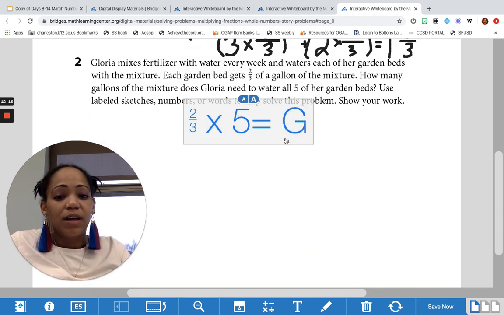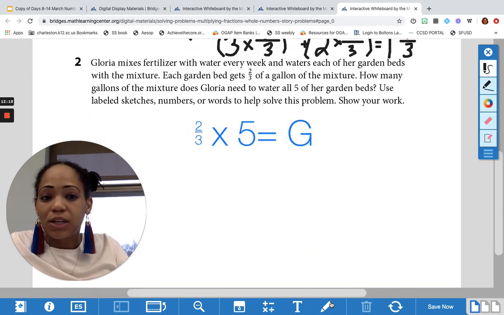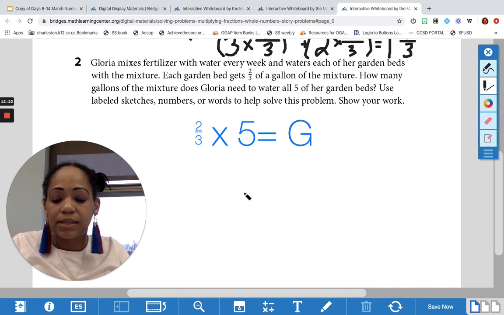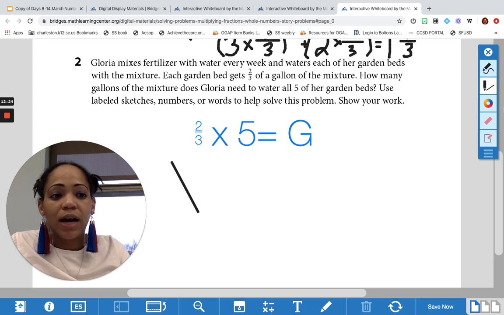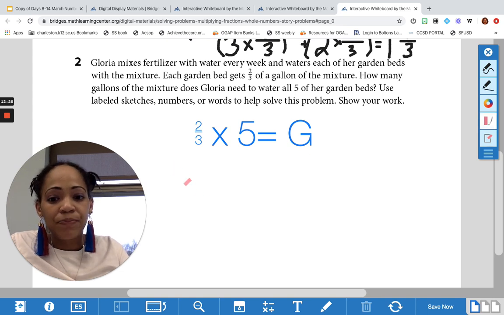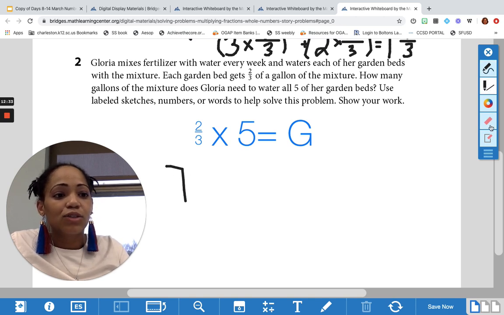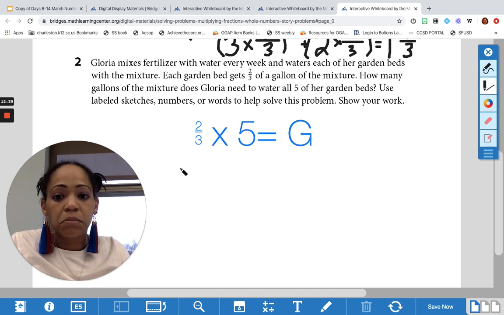So can I draw the same picture that I drew earlier to represent my thinking? Absolutely I can, and as a matter of fact, I'm going to do that. And I want you guys to do that as well. And maybe you can pause this video so that you can have some time to figure out how you want to solve it. What are you going to do to solve for 2/3 times 5?